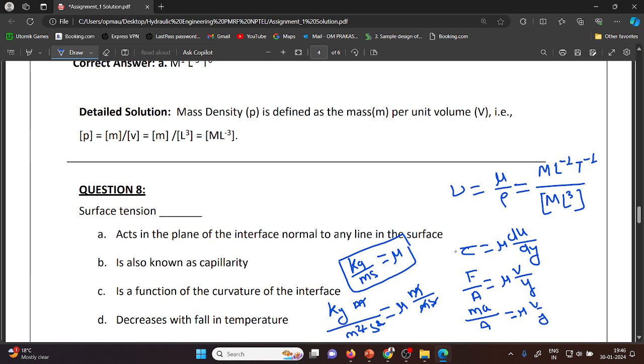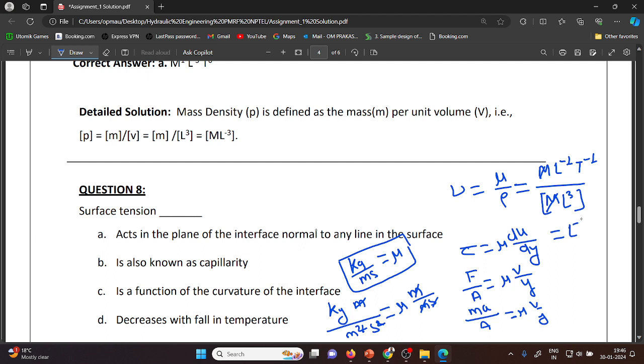This is correct. From here your mass cancels. Here L, T power minus 1 by L power 4.